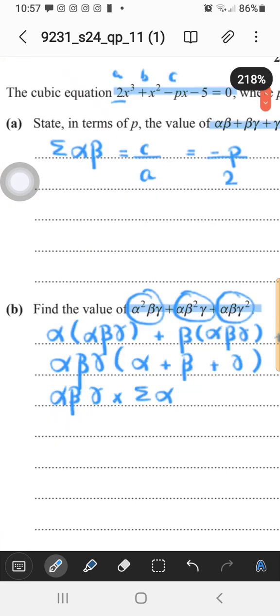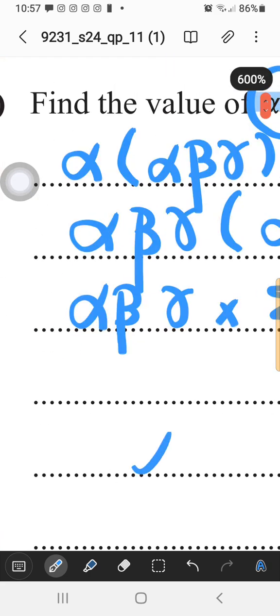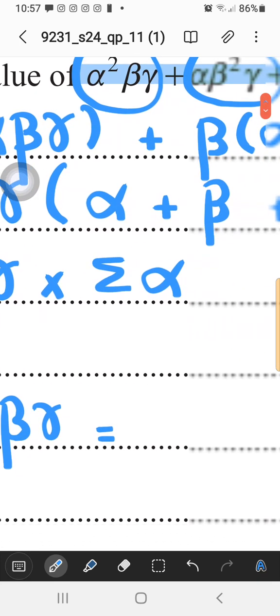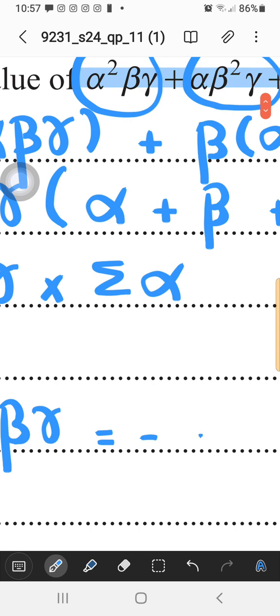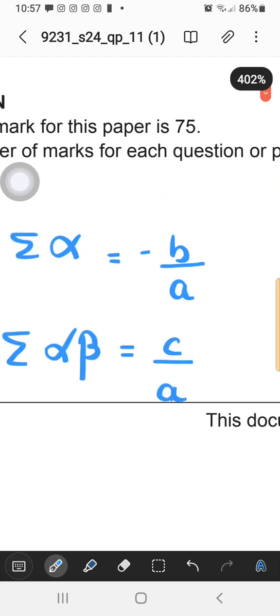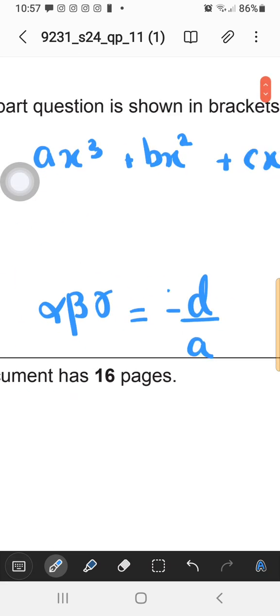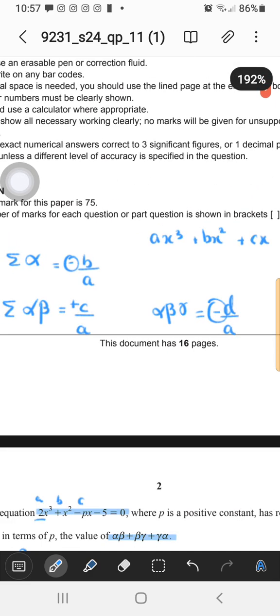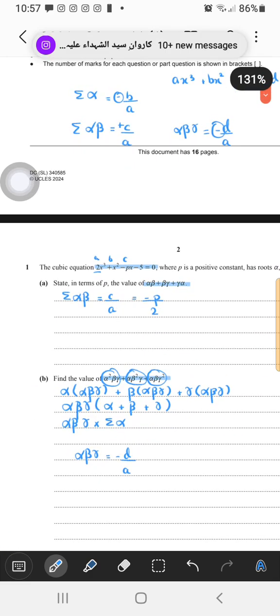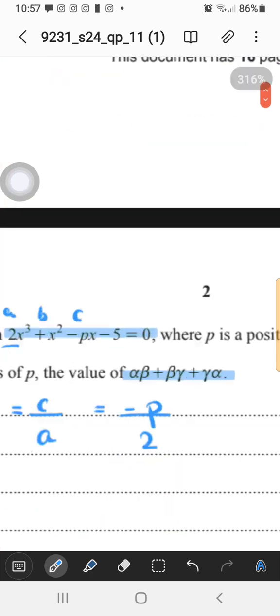Now find out alpha beta gamma first. What is the formula of alpha beta gamma? It is negative d upon a. So negative d upon a.